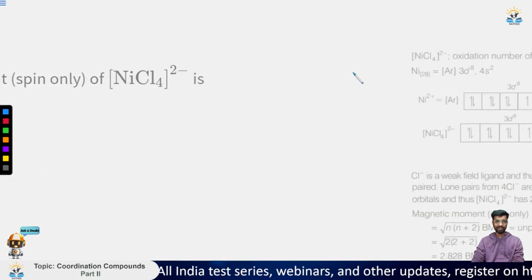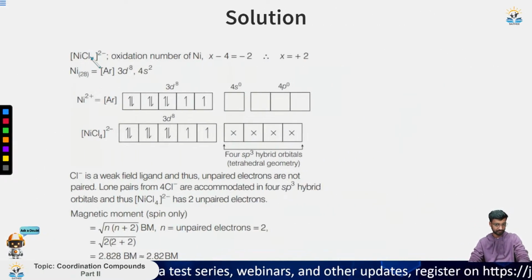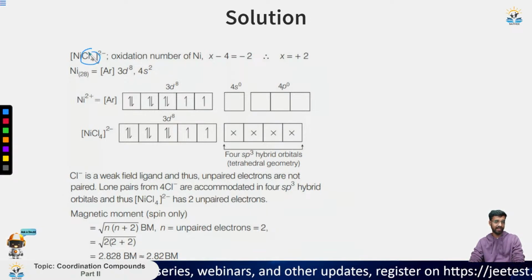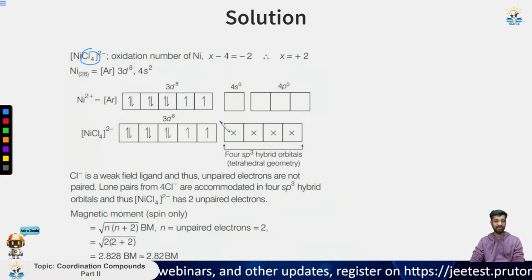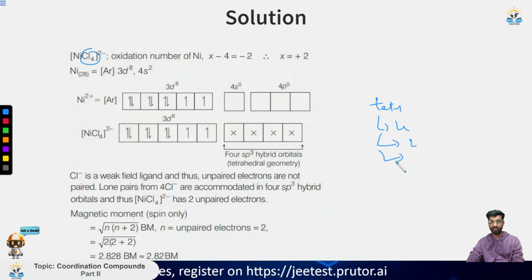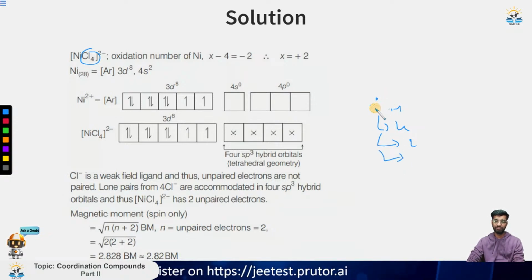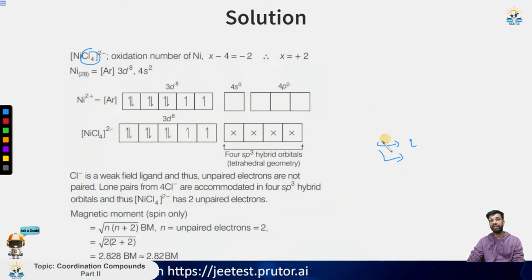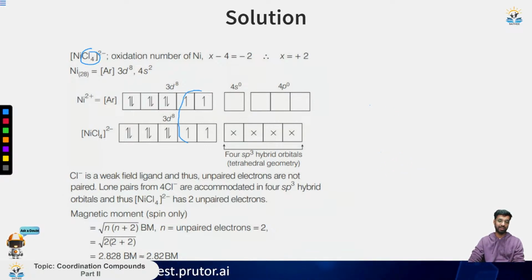So we will take the case of NiCl4 2-. Now, let me make it clear that for a tetrahedral complex we do not have any case of low spin or high spin, or inner orbital or outer orbital. We simply do not have pairing of electrons in a tetrahedral complex, so the electrons will always remain unpaired.